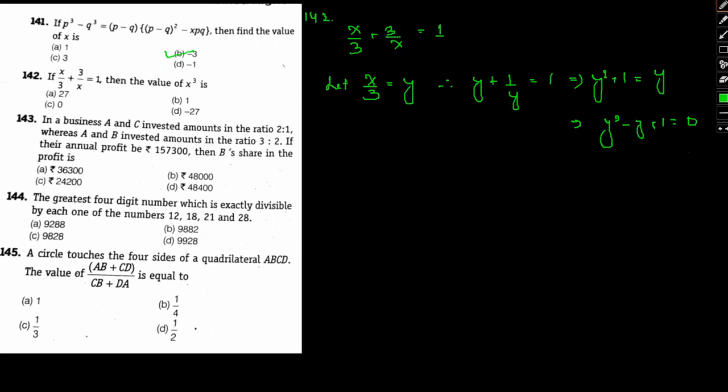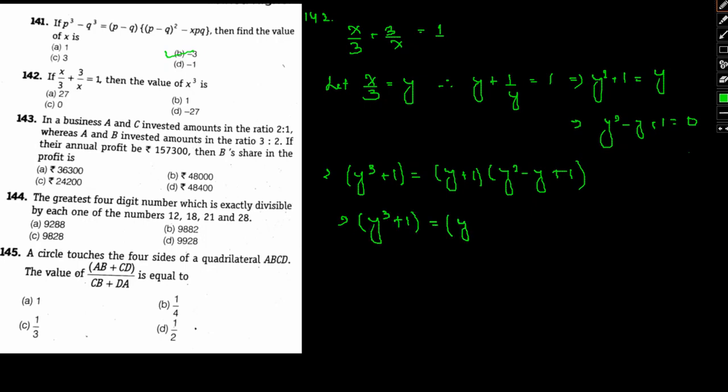We can write this. Now we need to find x cube's value, right? So let me do one thing. y cube plus 1, we can write this as y plus 1 into y square minus y plus 1, we know. So further we can write y cube plus 1 equal to y plus 1 times this entire term, which is 0, we know.